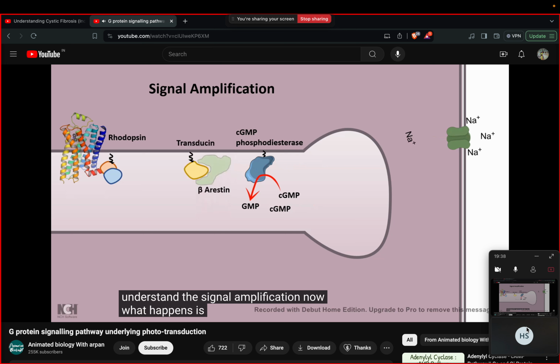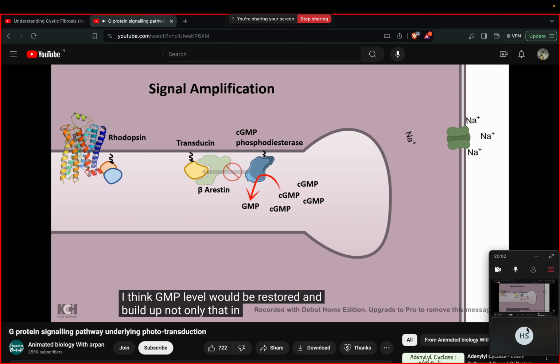Now what happens is there are several mechanisms which can allow the cell to get back to its firing state, or restore its firing state, and one such molecule is beta-arrestin, which would sort of arrest the transducin from interacting with the phosphodiesterase. As a result, the cyclic GMP level would be restored and build up.